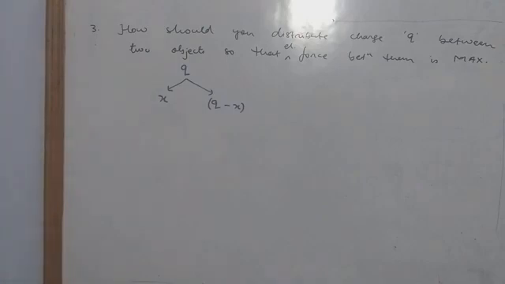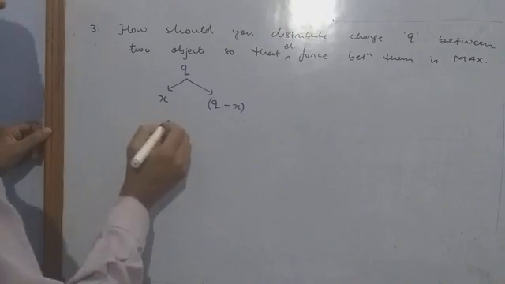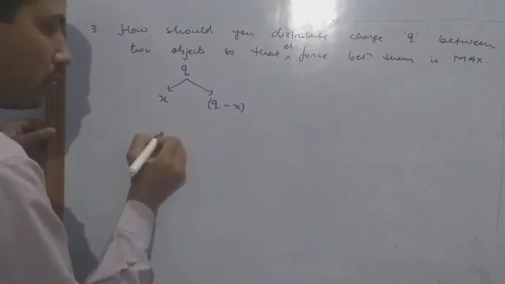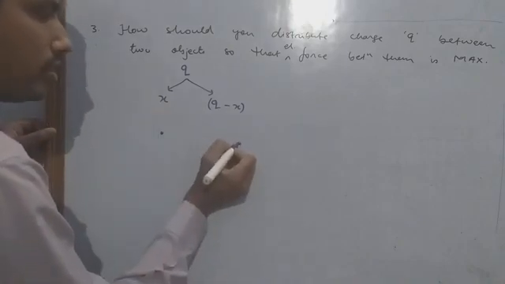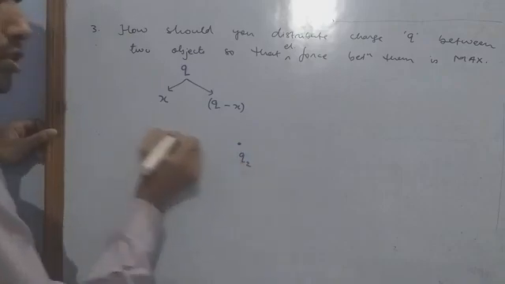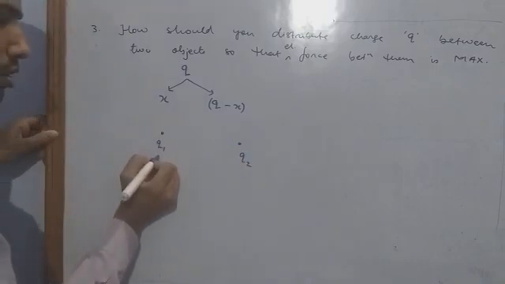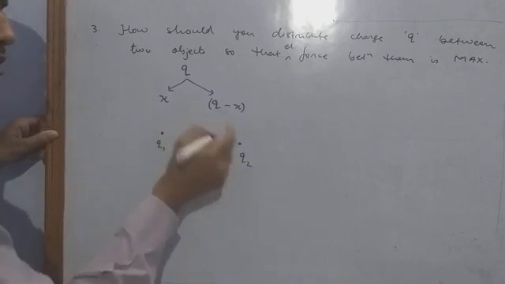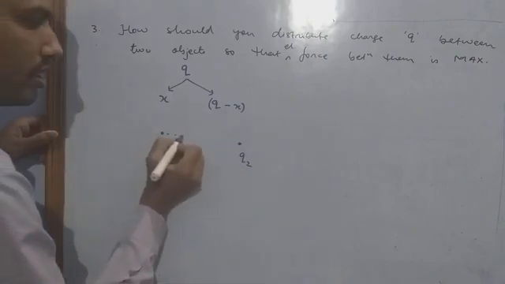Now the question is, how should this distribution be done so that the force between those two charges is maximum? So let the two bodies be having charge q1 and q2. q1 I have written that is equal to x and q2 is equal to q minus x.